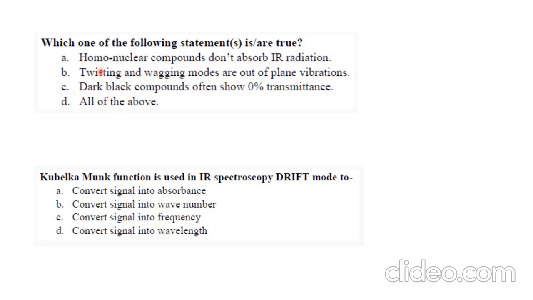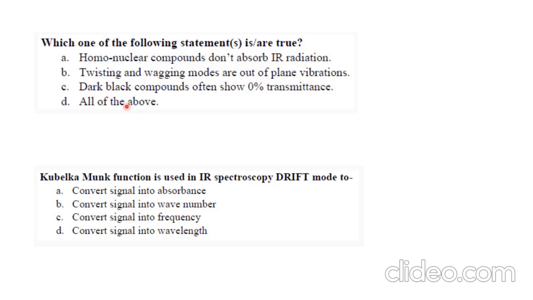Twisting means in the opposite direction, and wagging means in the same direction. Dark black compounds absorb the whole IR radiation, so they do not show any transmittance. So all of the above are correct.